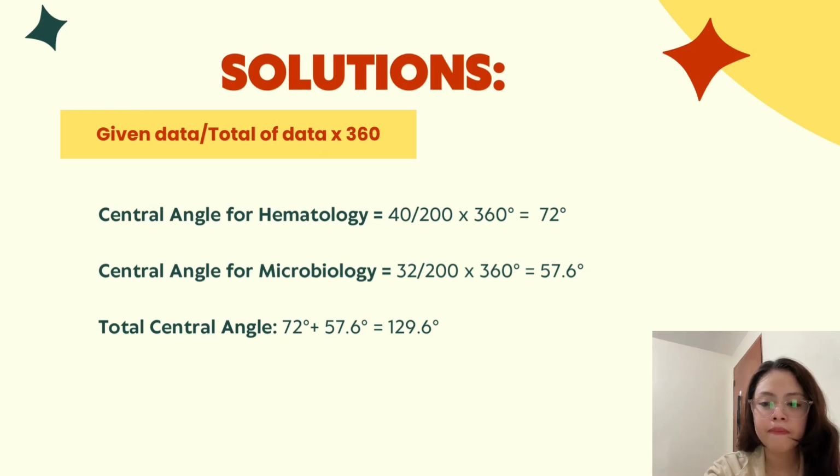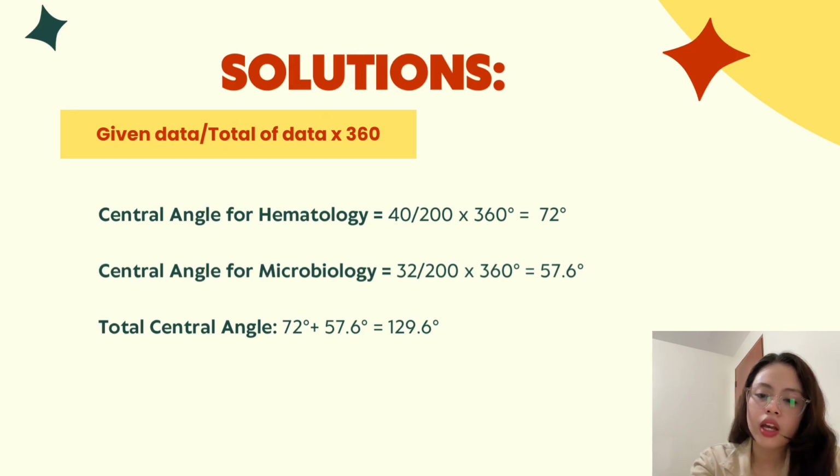Next, to get the central angle for microbiology, our given data is 32, and our total of data is 200, multiplied by 360 degrees, and that equals 57.6 degrees.